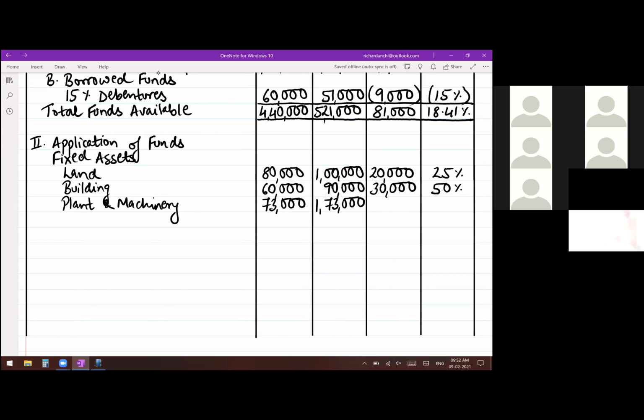What is the absolute change? 1 lakh. Yes, increase by 1 lakh. And now to calculate percentage change, 1 lakh divided by the initial, that is 73,000 into 100. Do the calculation.